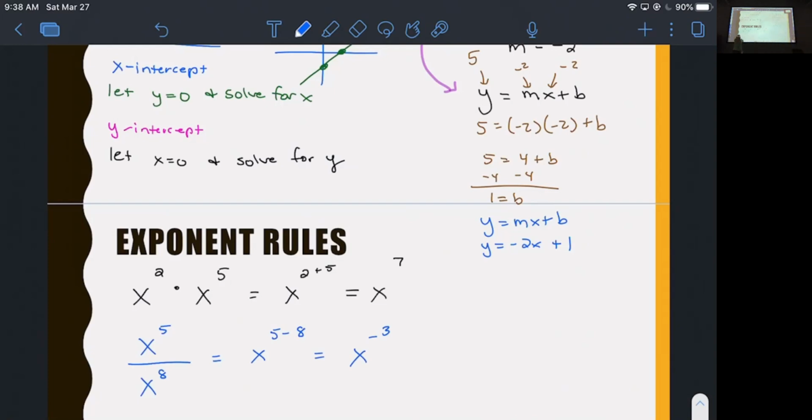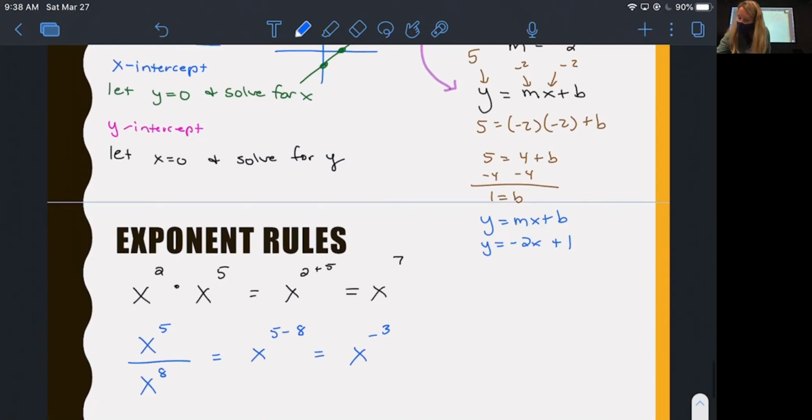How many x's are up top? 5. How many x's are underneath? 8. If I cancel, how many x's would be left? 3. And would they be in the top or the bottom when I cancel? Awesome. So x to the -3 is the same thing as 1 over x to the 3rd. So if you have a negative exponent, it's the same thing as a positive exponent that we would get in the denominator.